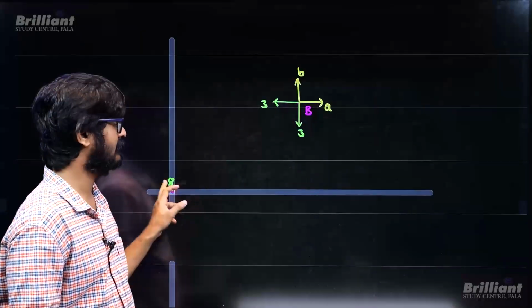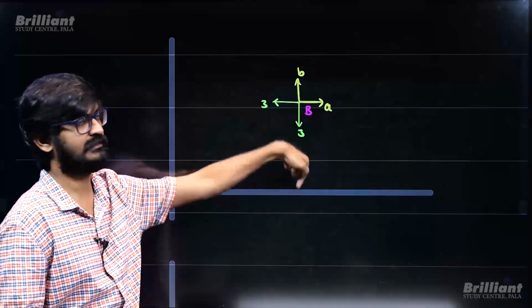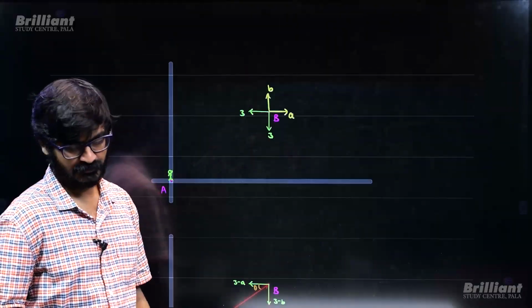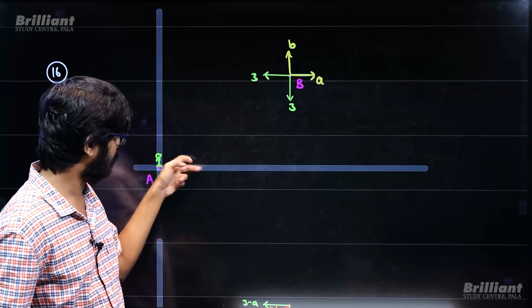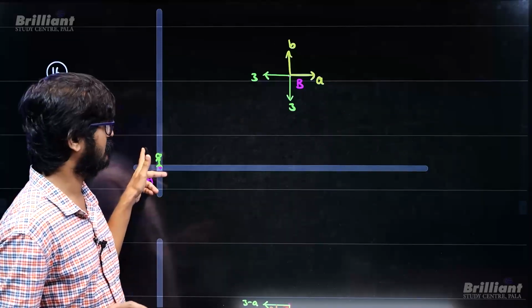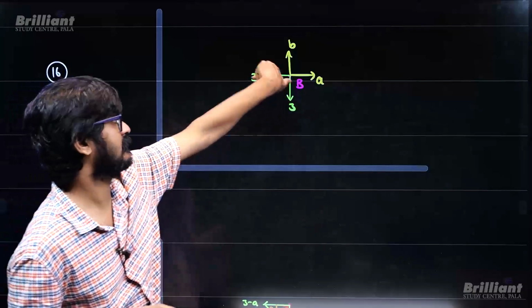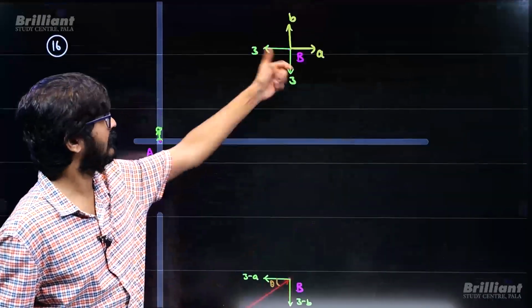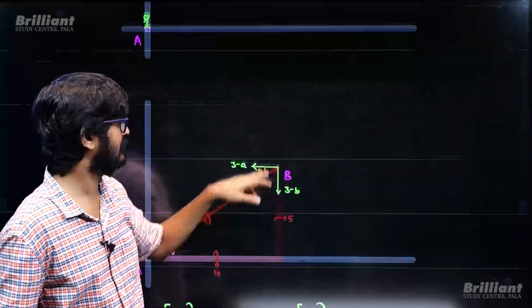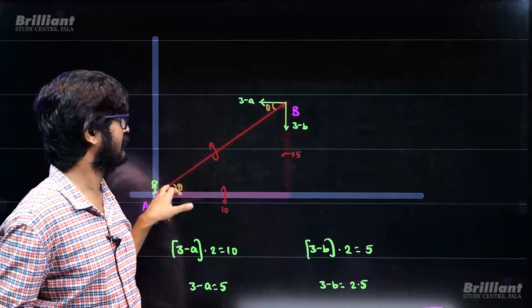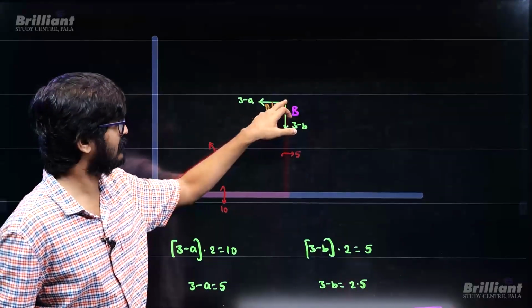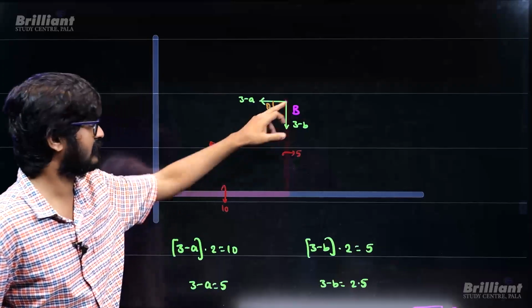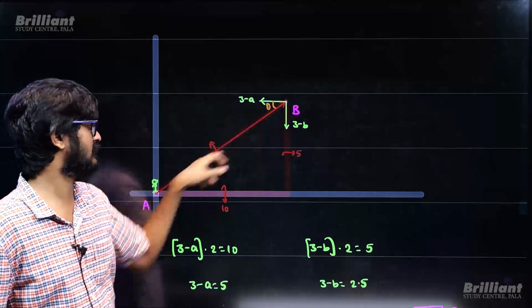So with respect to this guy, velocity will be 3 extra in this direction, 3 extra in this direction, because they said A's velocity is 3 and 3, right? So when I observe from this A, I will get extra velocity in the opposite direction. Now the resultant is going to be 3 minus a in this direction, 3 minus b in this direction, and if it is colliding, then the resultant of these two must be along this direction.